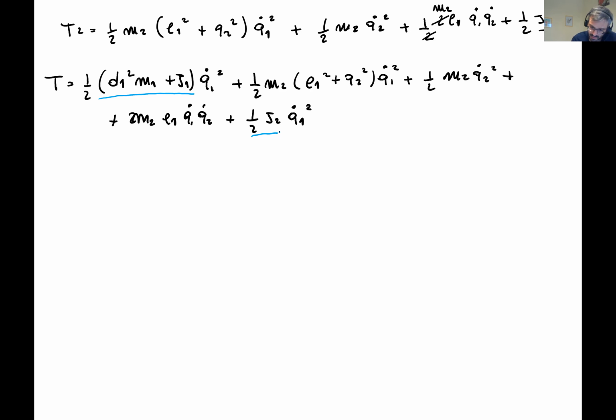Whatever is multiplying Q2 dot squared is the M22 term, and the coupled term M12, which because the matrix is symmetric is equal to M21, are both summed up in here.